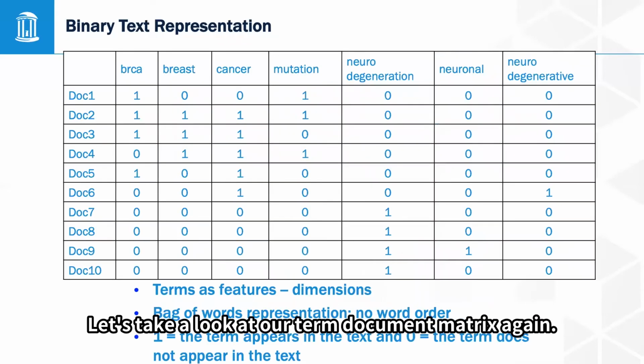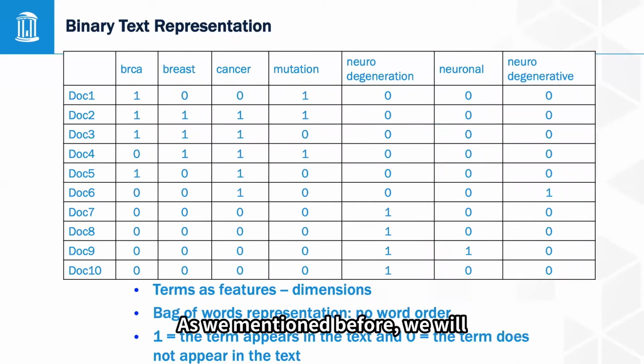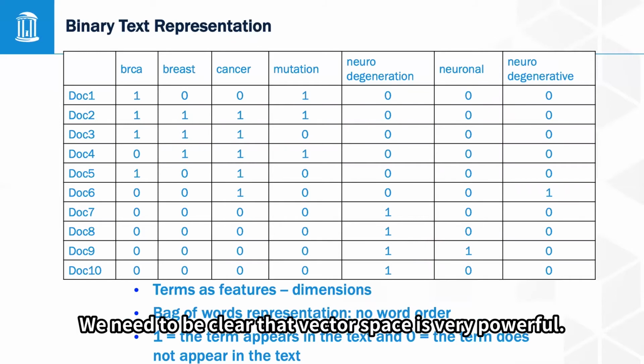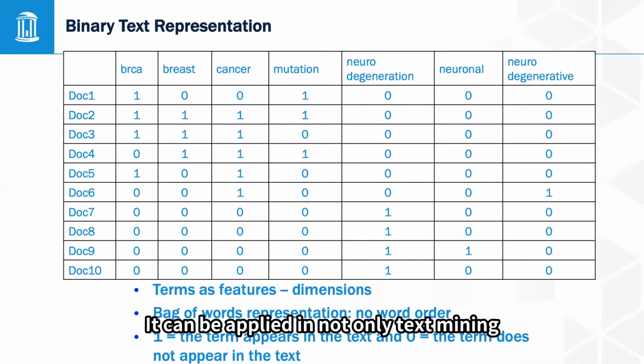Let's take a look at our term document matrix again. As we mentioned before, we would like each of the document to be treated as a vector, and all of them should be put in one vector space for calculation and comparison. We need to be clear that vector space is very powerful. It can be applied in not only text mining, but also a lot of different fields.